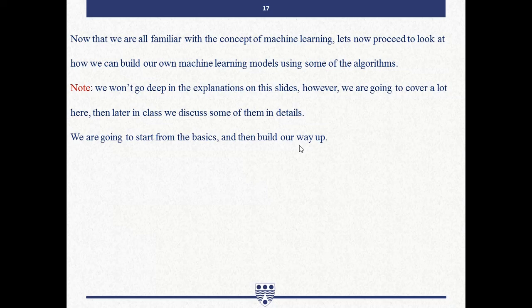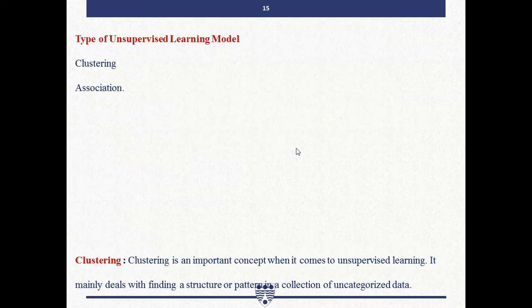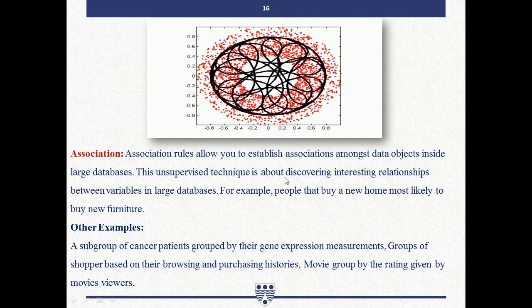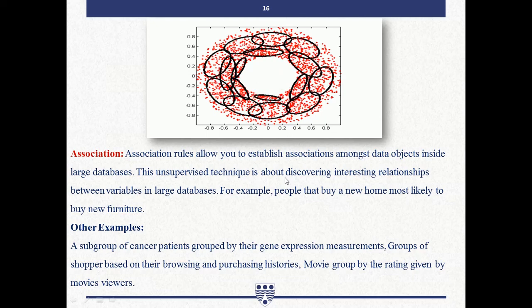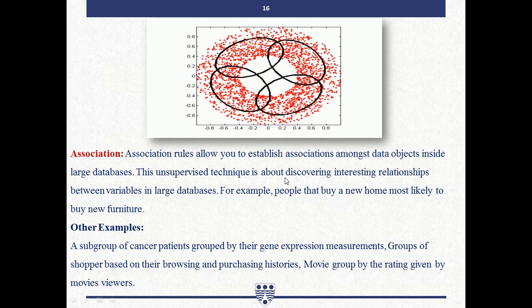Then unsupervised machine learning, where the machine tries to understand patterns. Since there are no labels in the data, it tries to understand patterns in the data given and cluster them appropriately. Then we have reinforcement learning, where the machine has to learn from its mistakes, a typical example being the self-driving car.